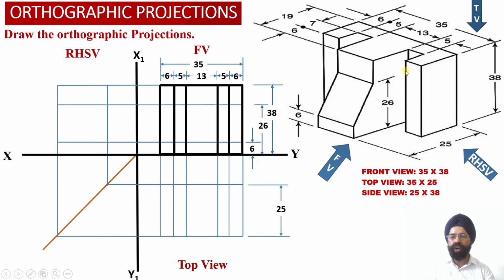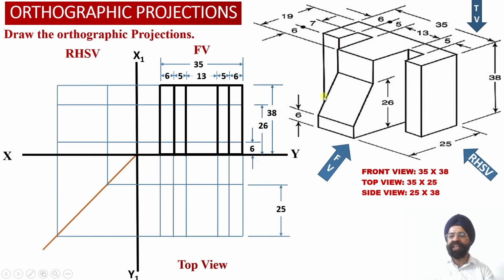And here, corresponding to element number 4, a vertical web perpendicular to the front face of the solid, this rectangular surface will be projected as true shape into the front view. So corresponding to element number 4, we are going to obtain a rectangular projection measuring 38 millimeter height and 6 millimeter width in the front view over here.